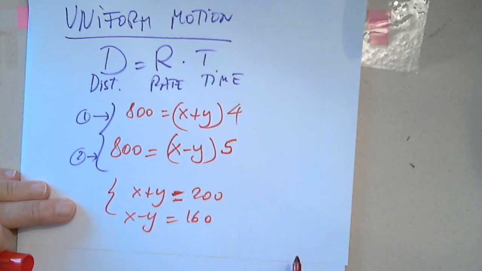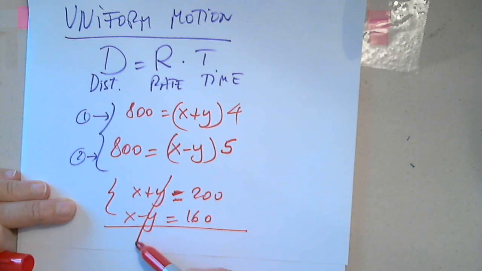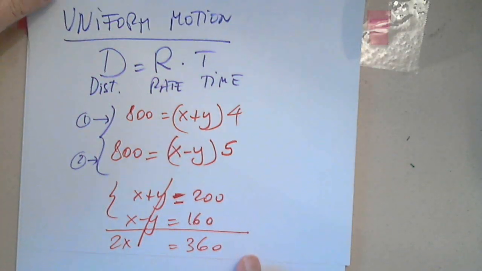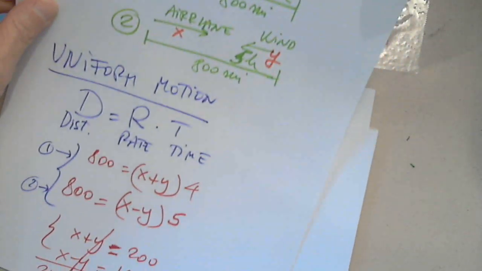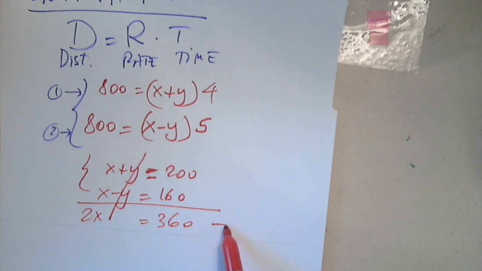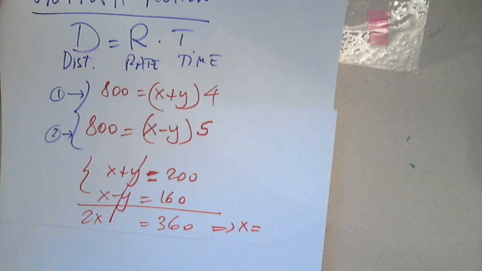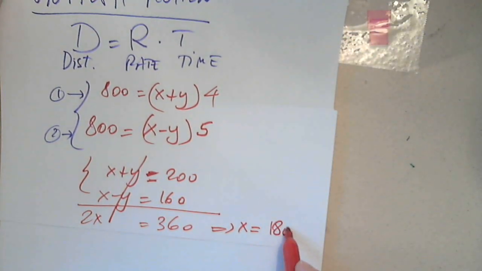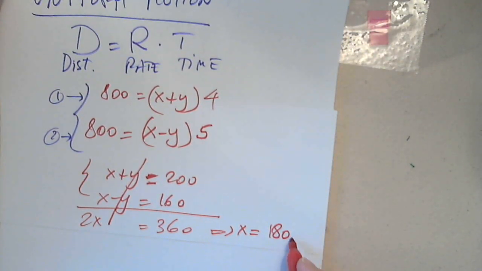And now this is already set up the way I wanted it to be set up. X plus x is 2x. 200 plus 160 is 360. Therefore, the speed of the airplane must be 180. Of course, miles per hour.